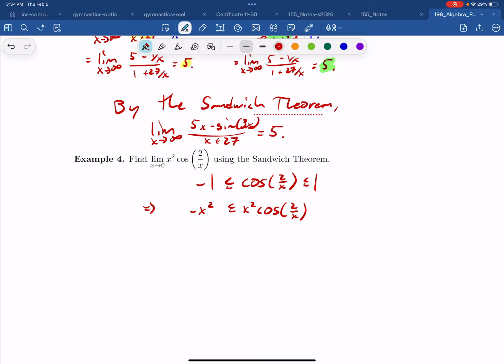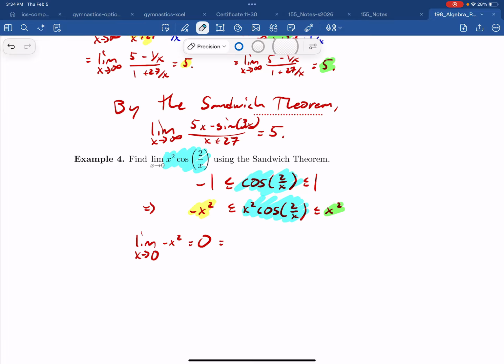So what looked to be maybe the most complicated, or just kind of complicated, we're actually done, right? We're done with the hard part. We started with our trig function, and now we ended up with our whole function. And we have our lower and upper bounds to boot. So anyway, we're going to get that the limit as x approaches 0 of negative x squared equals 0, which equals the limit as x approaches 0 of x squared.